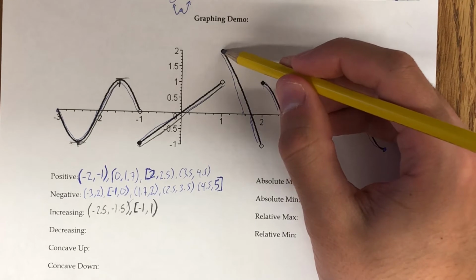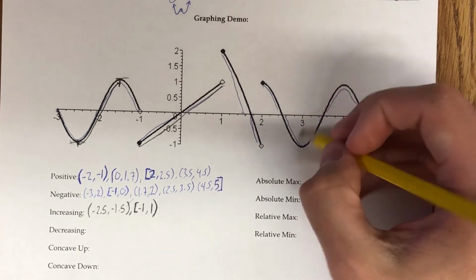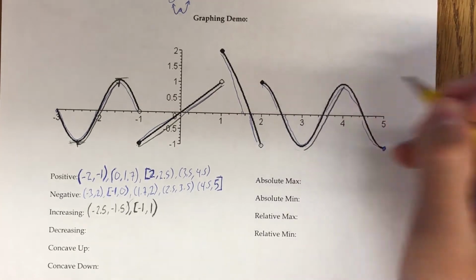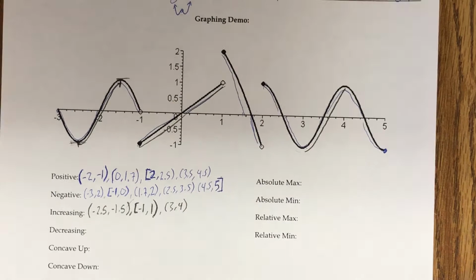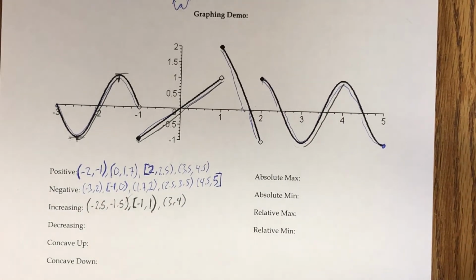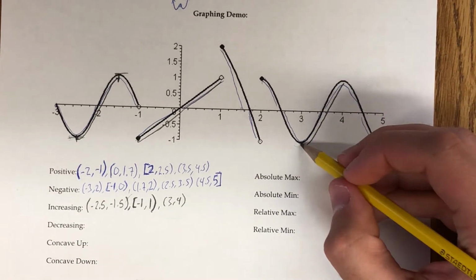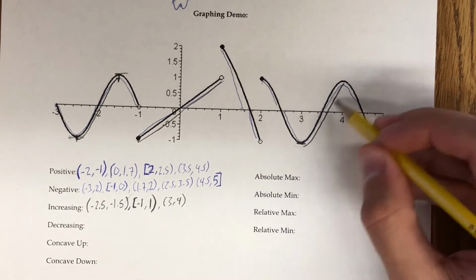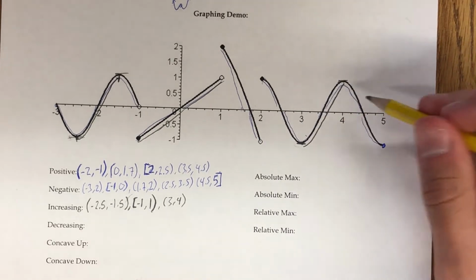Then we are decreasing here from 1 to 2, decreasing still from 2 to 3, and then from 3 to 4, we are increasing there. Again, we should have parentheses there because it's switching from decreasing to increasing or increasing to decreasing where we have a slope of 0 there.